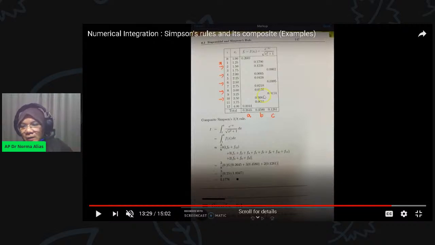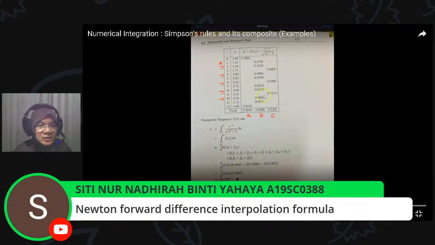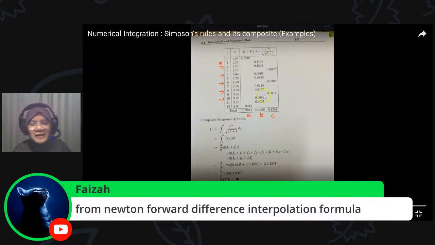All right, now let's go to the answer. This answer is from Siti. They said Newton forward difference interpolation formula, order 3, degree 3. And Faiza said Newton forward degree 3, Simpson's degree 2, composite 3/8 degree 3.